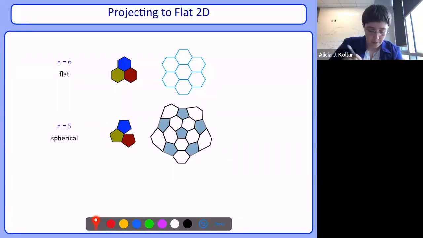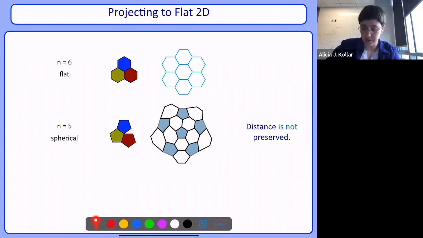This is what happens if you try to draw that with Euclidean pentagons. You see already that we have a problem: this vertex and this vertex should correspond to the same lattice site, but they aren't on top of each other. And so you have to stretch things out. This is my cartoon of a flattened soccer ball.